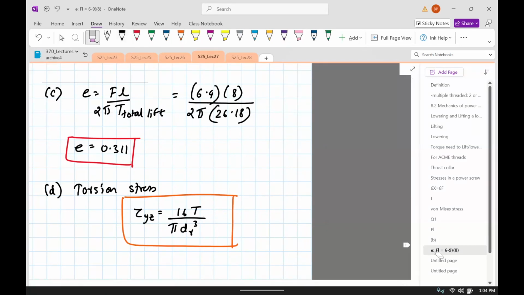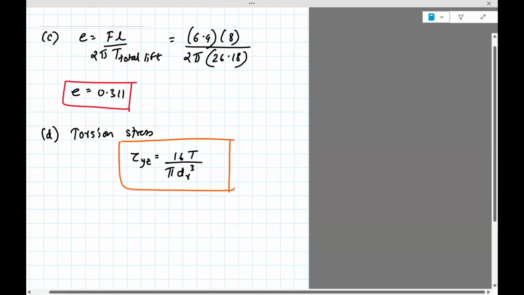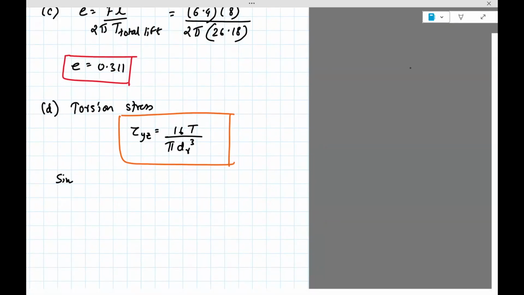Since T lift was greater than T lower, we use T lift.